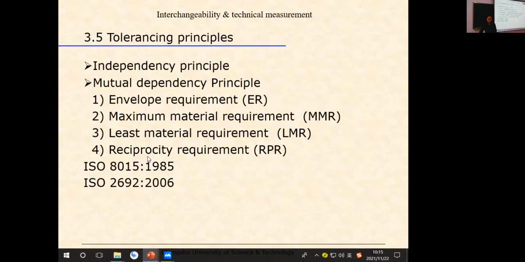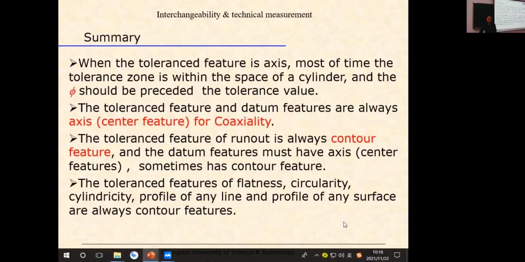The reciprocity requirement, RPR. So you need to read the book quite carefully, and distinguish the 3 or 4 material dependency principles by yourself, okay? So mostly 90% is the independency principle. The summary.